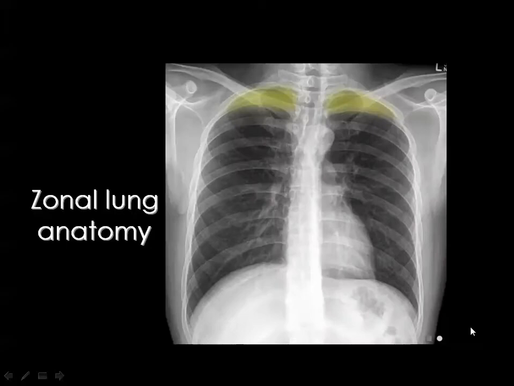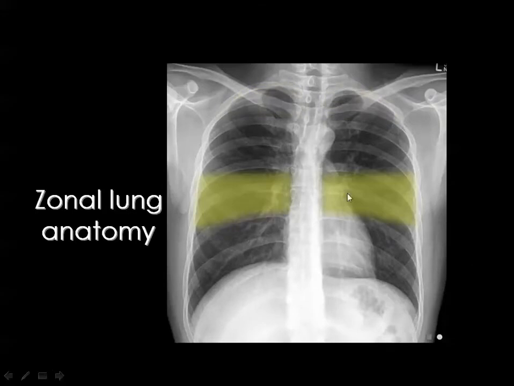And if you have a pathology in the lung and you want to locate it in a specific area of the lung, you know that any radiograph is just the patient facing the physician, so this is the left side of the patient and this is the right side of the patient. The highest area in the lung is known as the lung apex, and the zone at the level of the hilum is known as the middle lung zone.